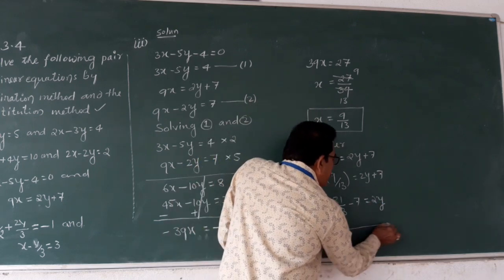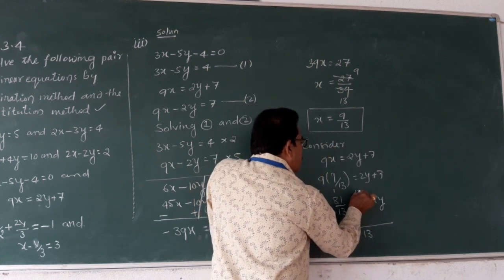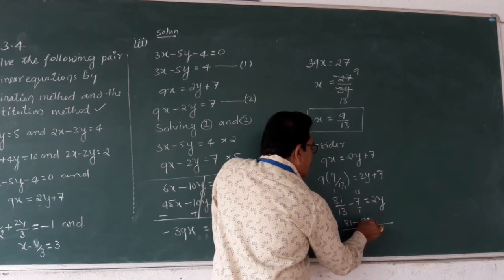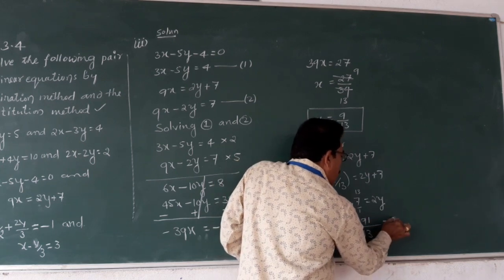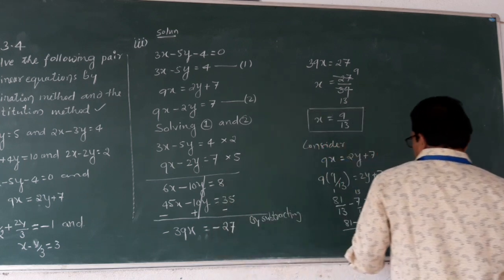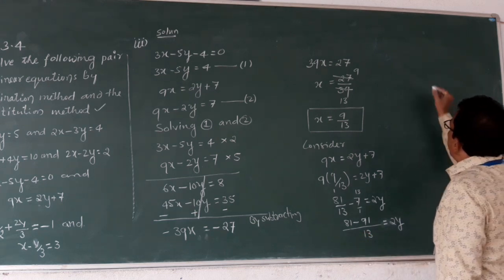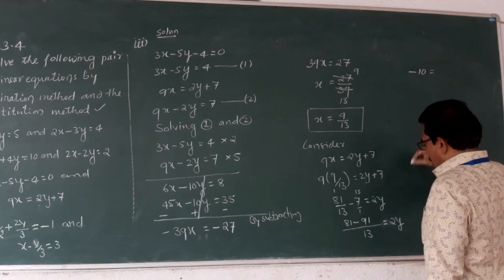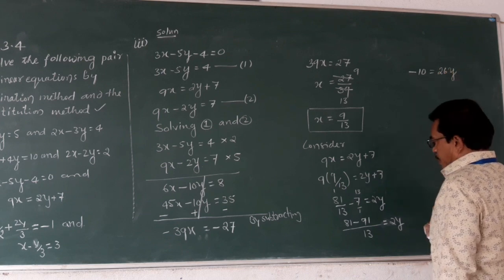So the LCM of this one is 13. 13 ones are 13, so 81 minus 91 equals 2y. 81 minus 91 is minus 10, equals 13 2s are 26y.